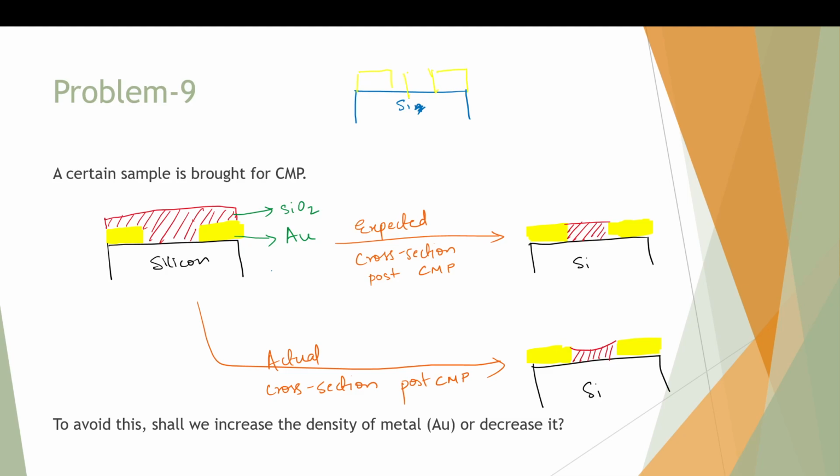Now if I put one more gold here, the trench is very small, so it is difficult for the slurry to penetrate, so it will just go a little down and come back up again. This phenomenon is called dishing. This dishing will be less compared to having lower metal density. So it is actually preferable to increase the density of metal.